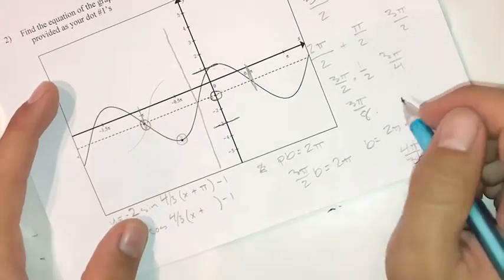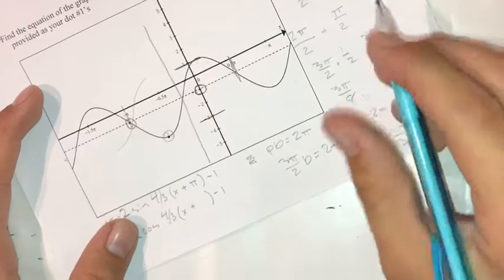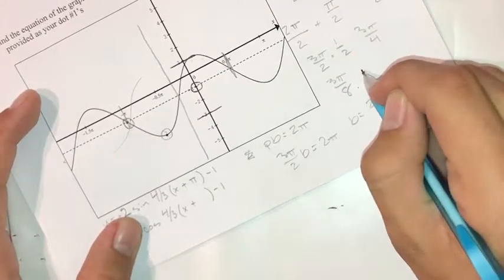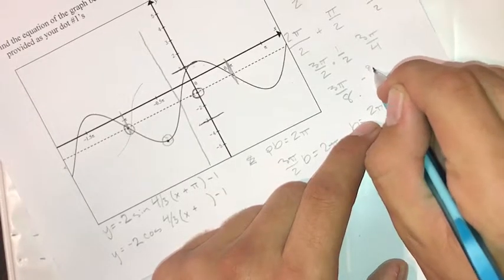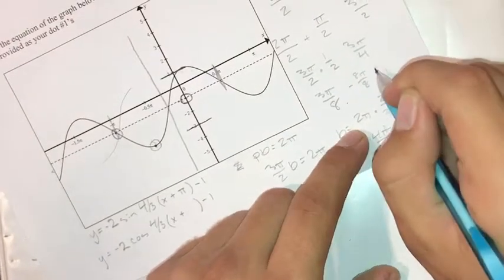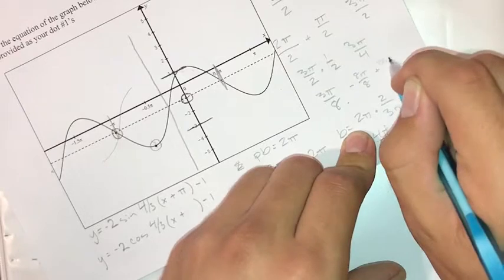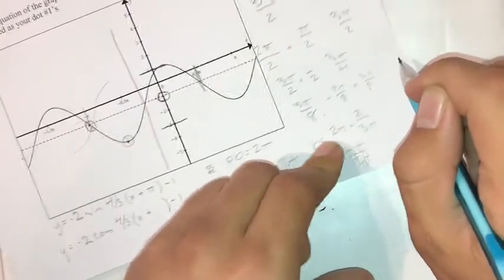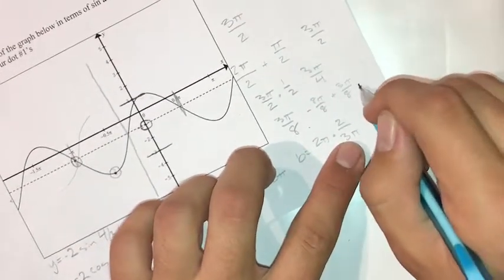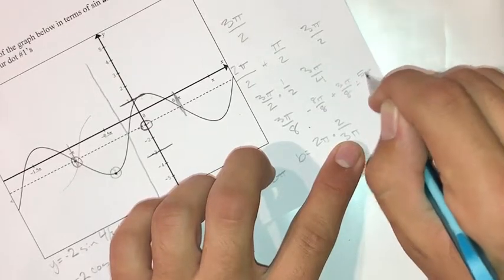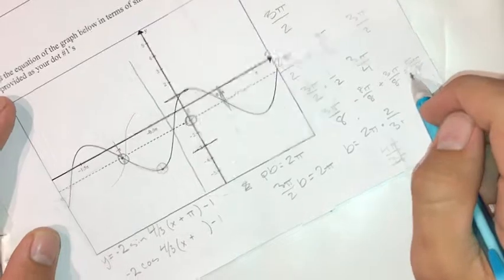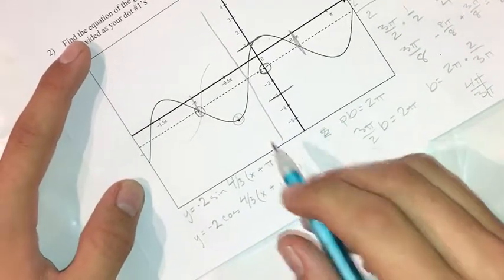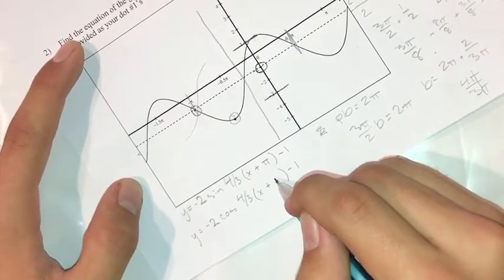And we take this 3 pi over 8, and we can change the negative pi into negative 8 pi over 8 plus 3 pi over 8, which gives us 5 pi over 8. So that is our x value, I should say, for the cosine equation.